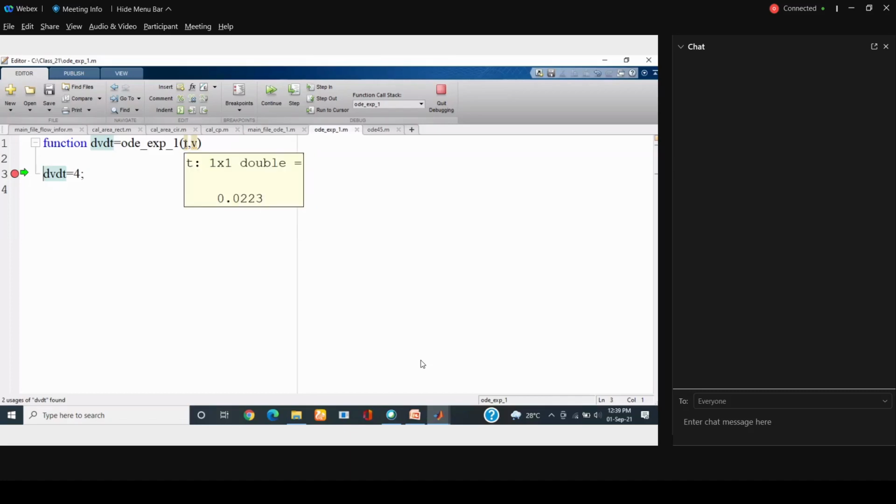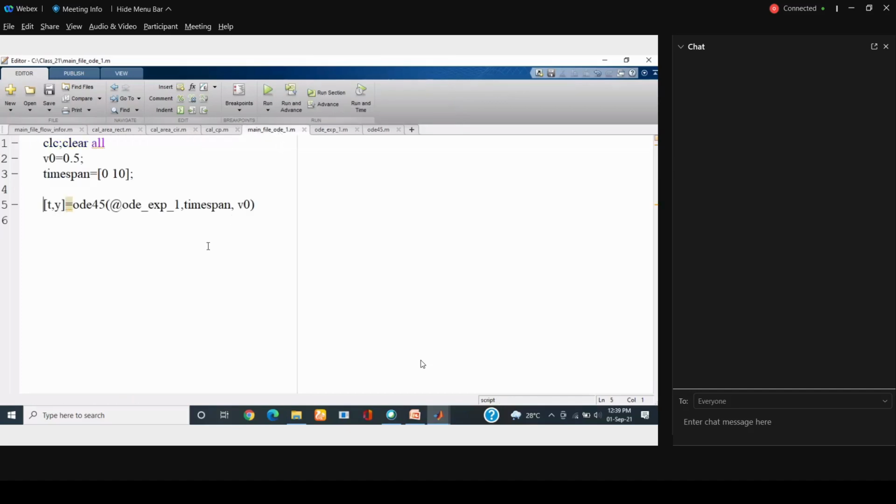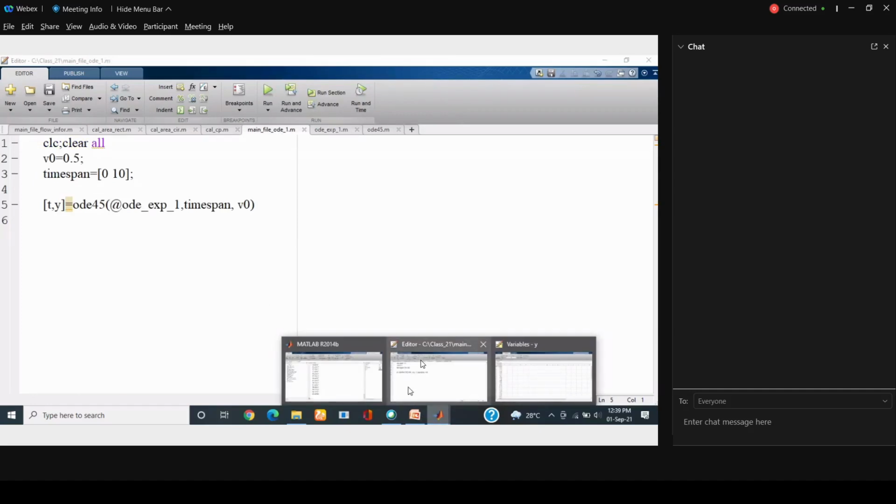Are you understanding how it's marching in the time frame? So it will do this until it reaches time equal to 10 seconds. In this way, it tries to solve the ordinary differential equations.